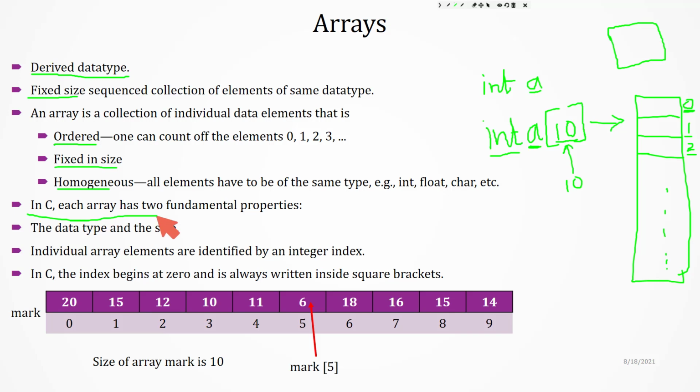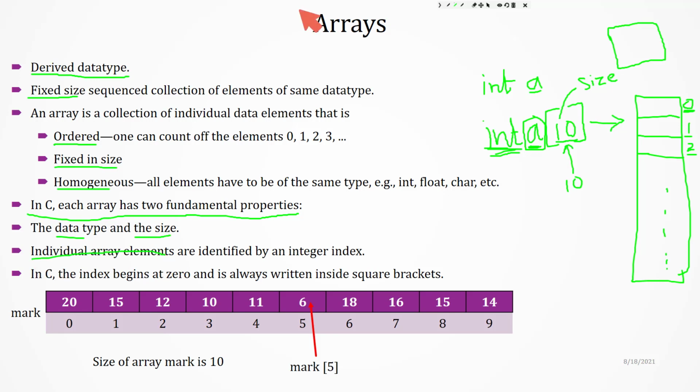In C, each array has two fundamental properties, data type and size. In this example, a is an array whose data type is integer, and size is 10. So every array has two properties, size and data type.